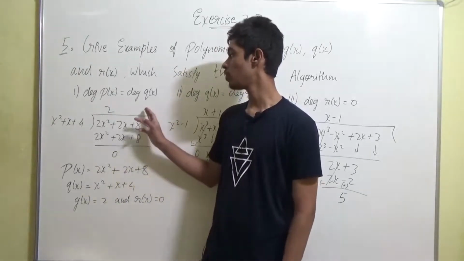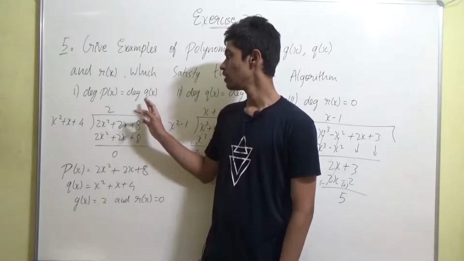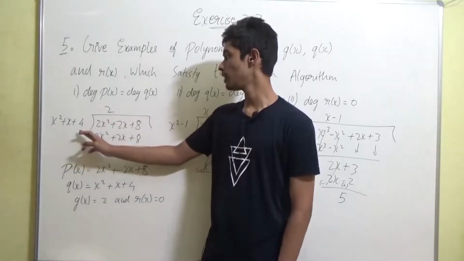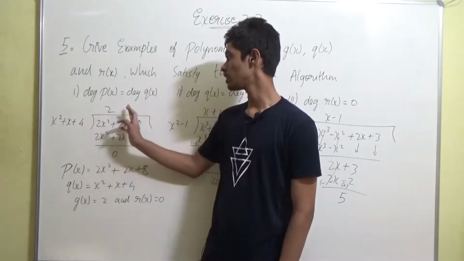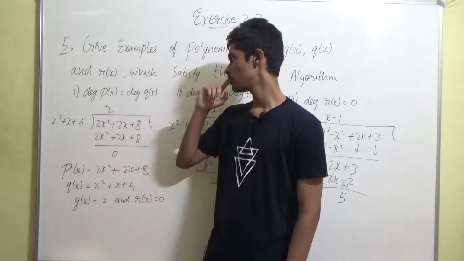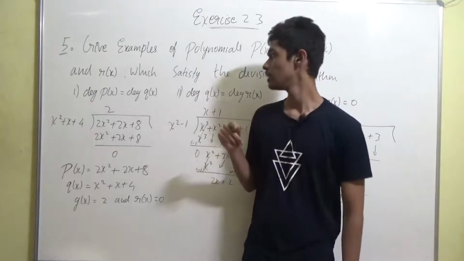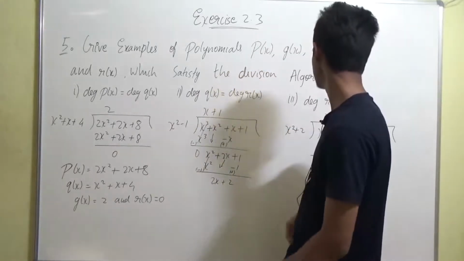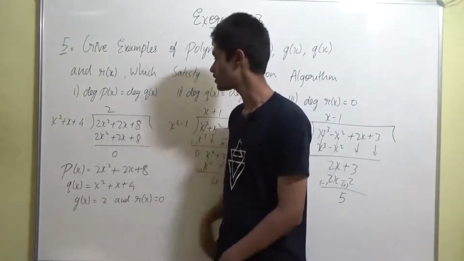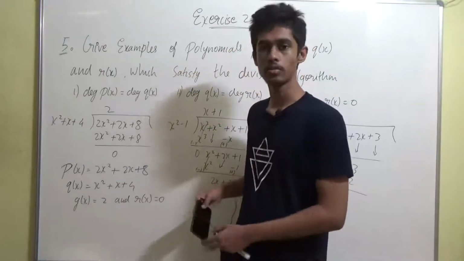Now if you see, the degree of Q is going to be equal to degree of P, right? Because, yeah, quotient. I think it's G of X, right? I think this one is G of X. This can't be Q of X. Just a minute, guys.